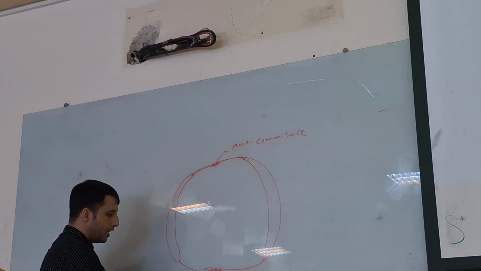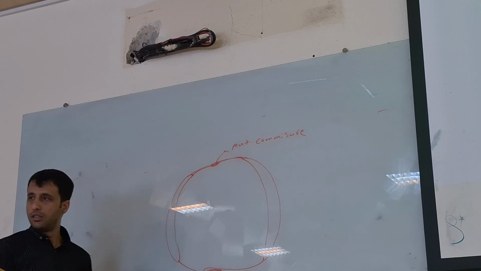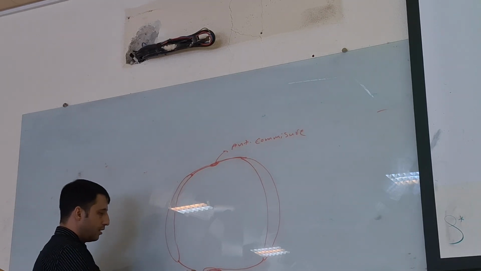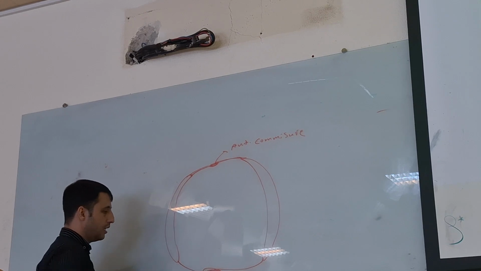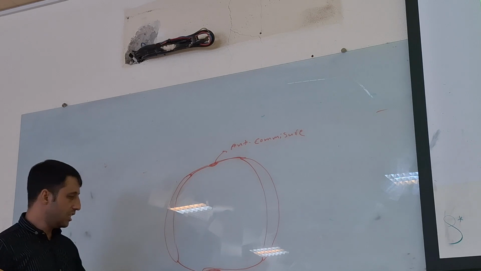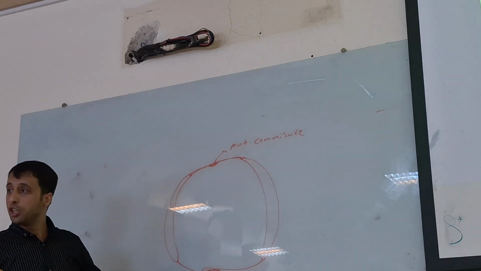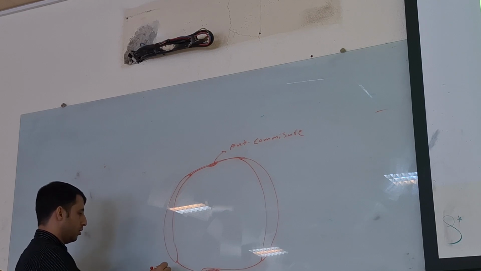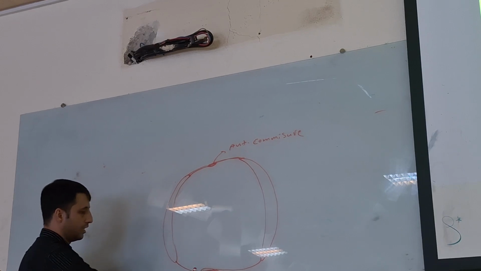Posteriorly we have the anus. This area between the posterior commissure and anus is named the gynecological perineum.